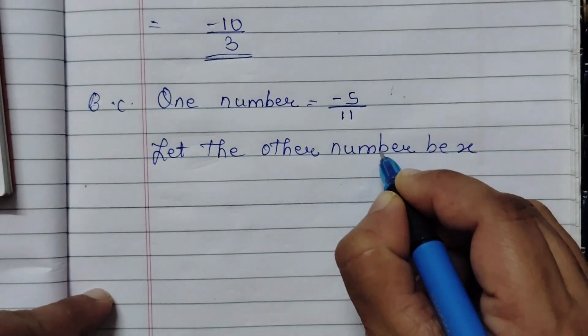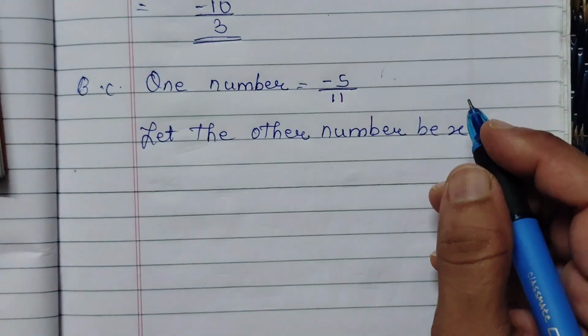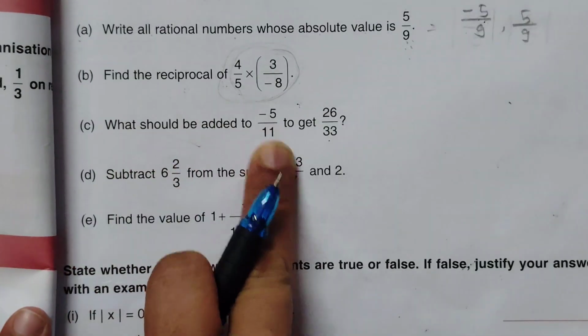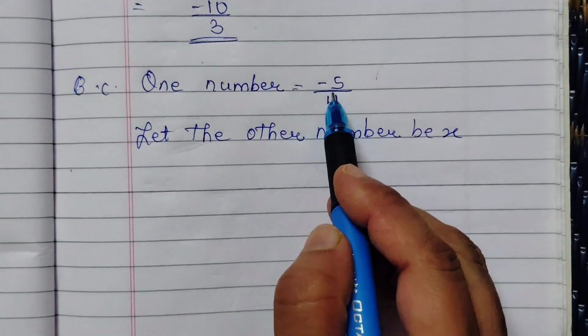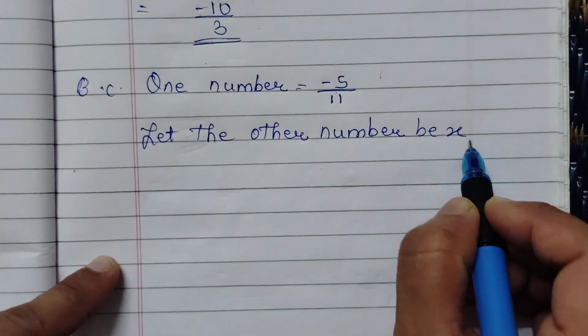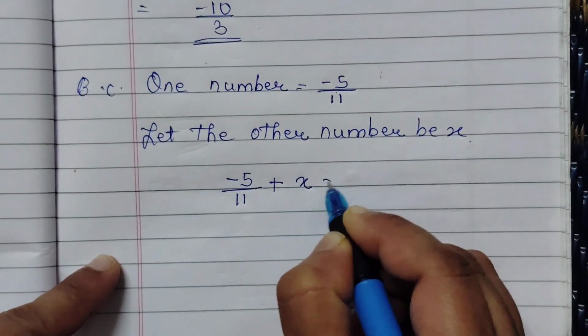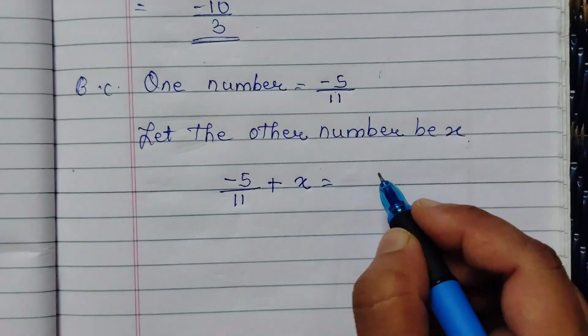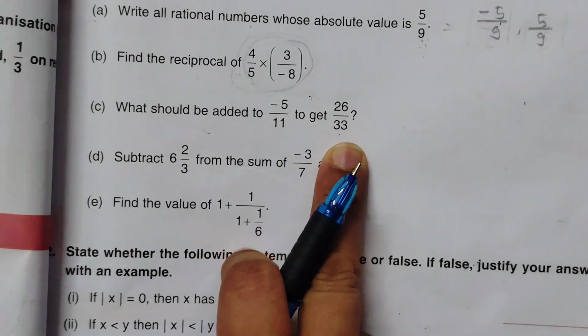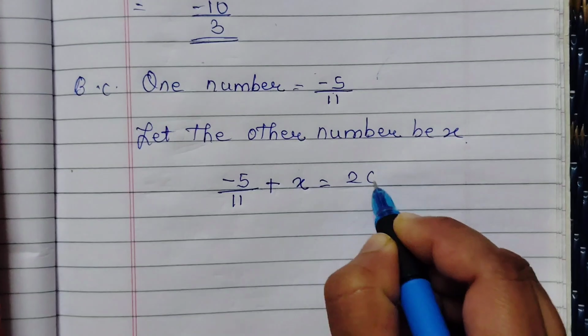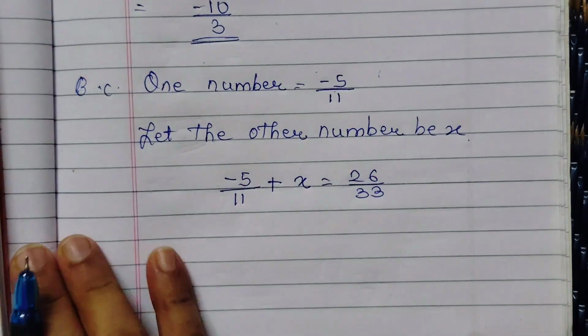According to the given, what should be added to minus 5 upon 11. So minus 5 upon 11 and x we will add. So minus 5 upon 11 plus x, what we get? They have mentioned to get 26 upon 33.